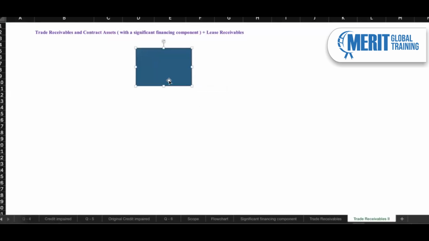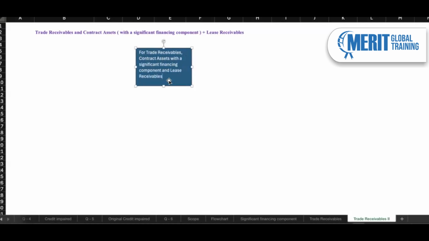So, policy choice, or rather for trade receivables, contract assets with a significant financing component, and lease receivables.